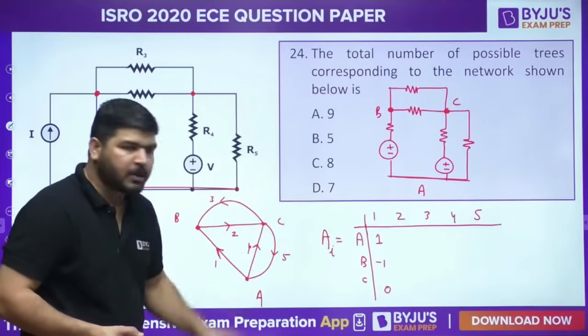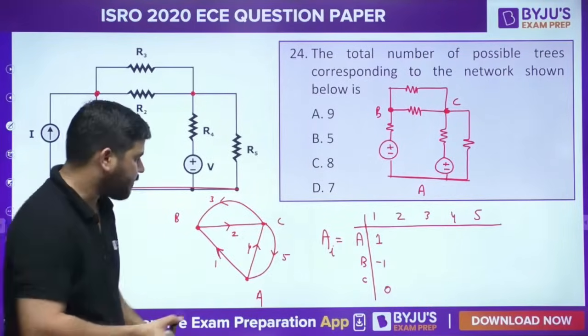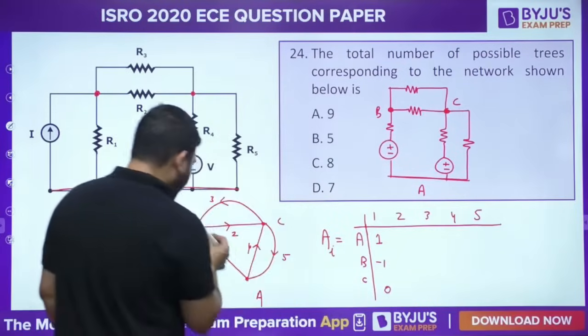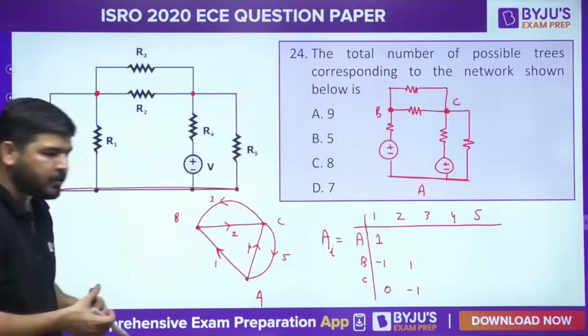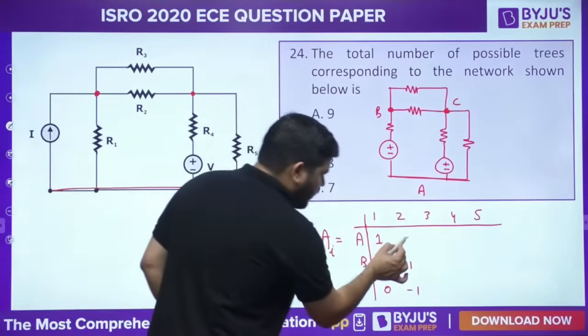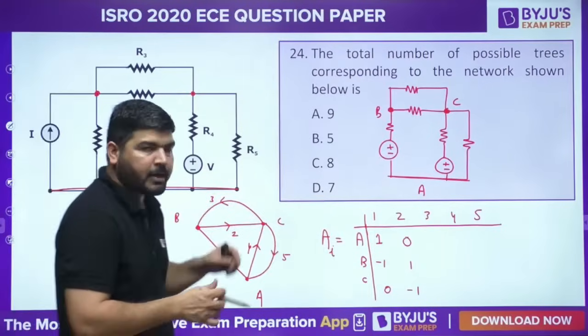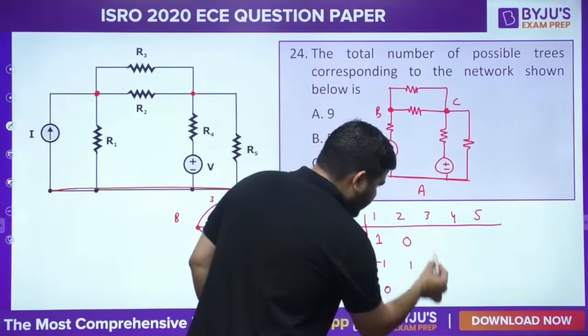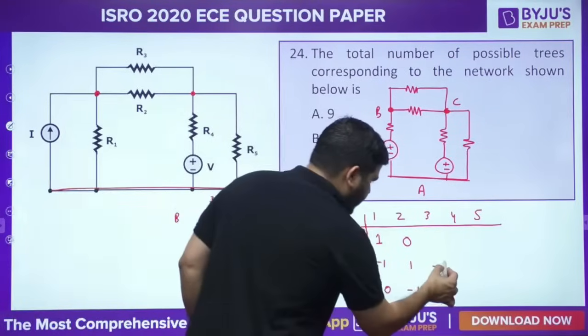Now come to branch number 2. In branch 2, it is leaving from B and entering into C. Now let's come to branch 3. In branch 3, it is entering into B, leaving from C. If it is leaving from C, it has to be plus, and entering into B, it has to be minus 1 here.